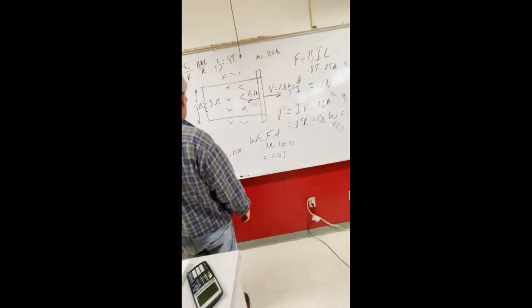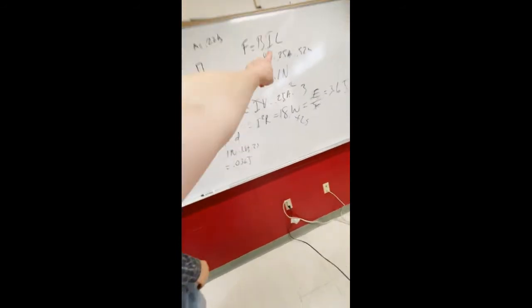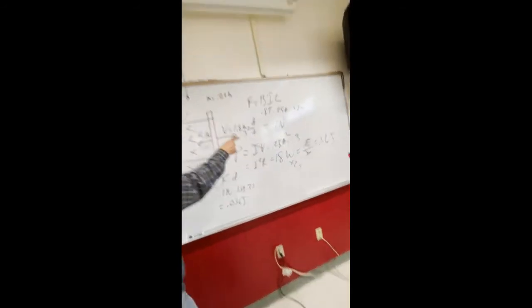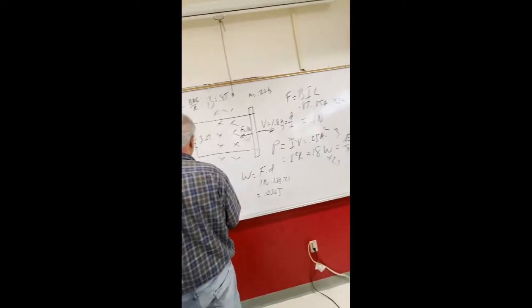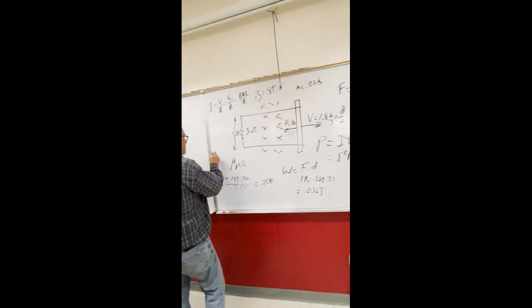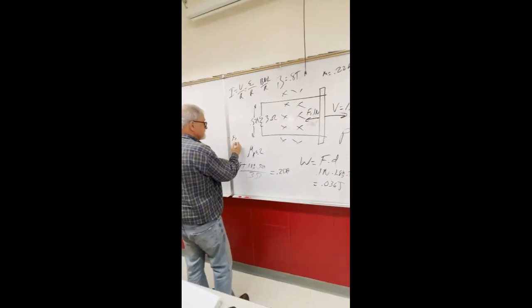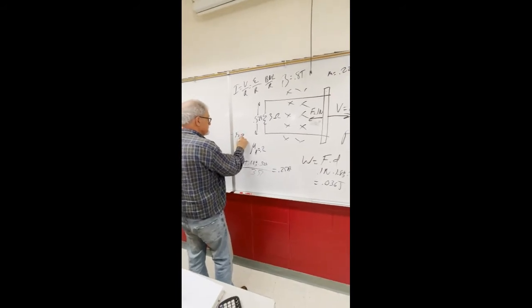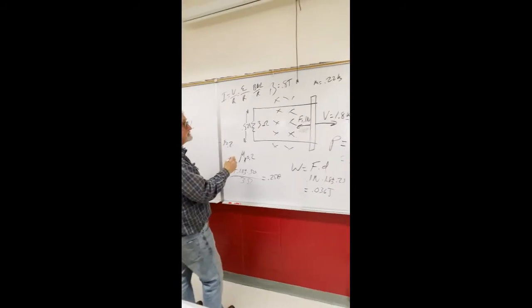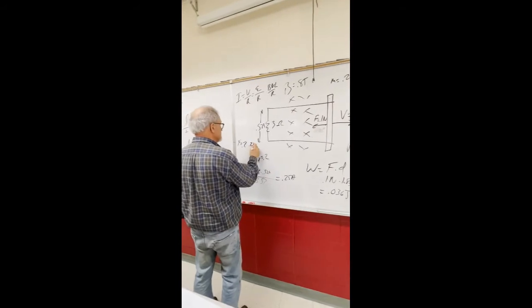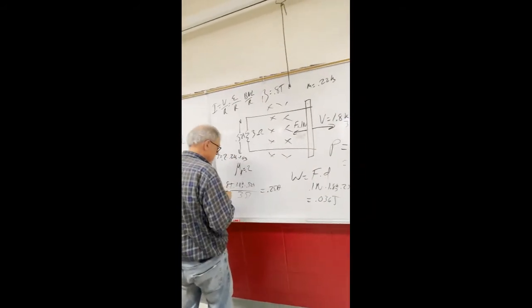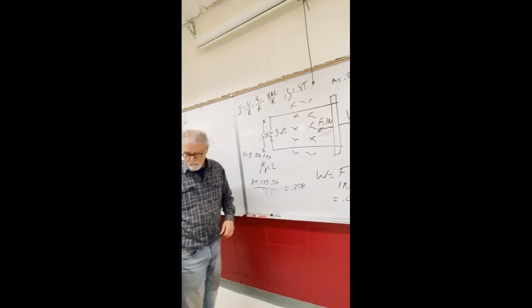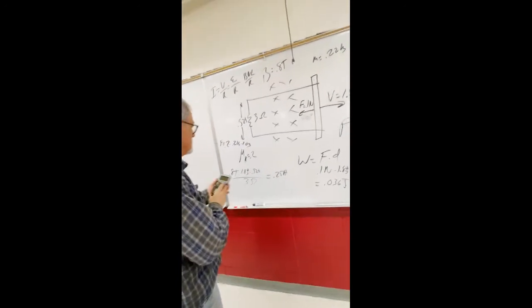We calculated that right there. So there's the force, but the force of friction is going to be 0.2 times 0.22 kilograms times 10 meters per second squared. Yeah, mu times the normal force.